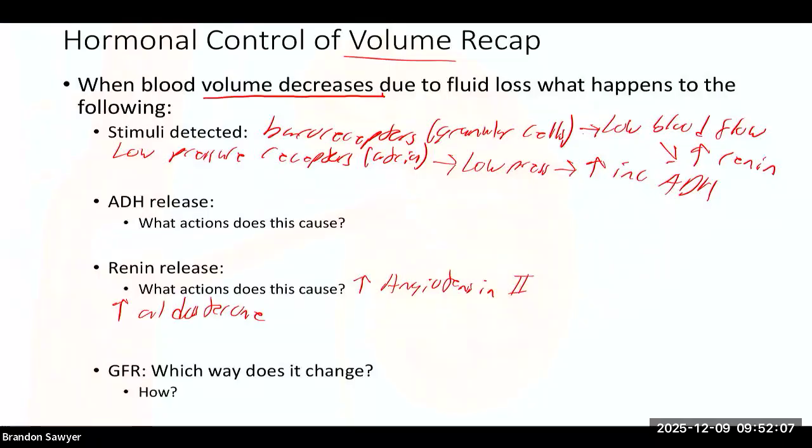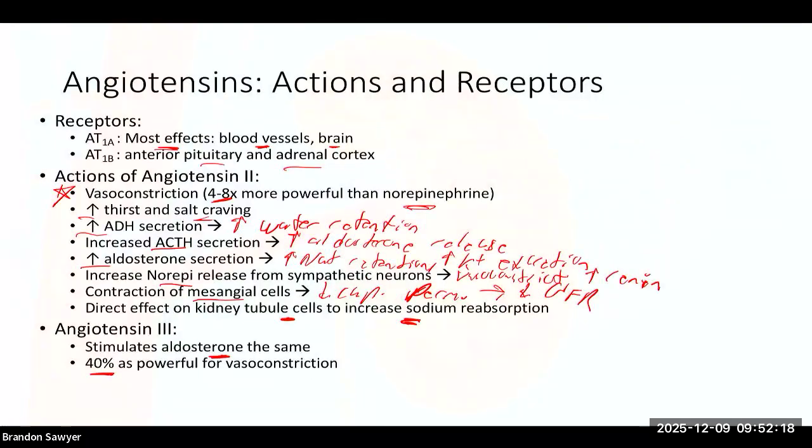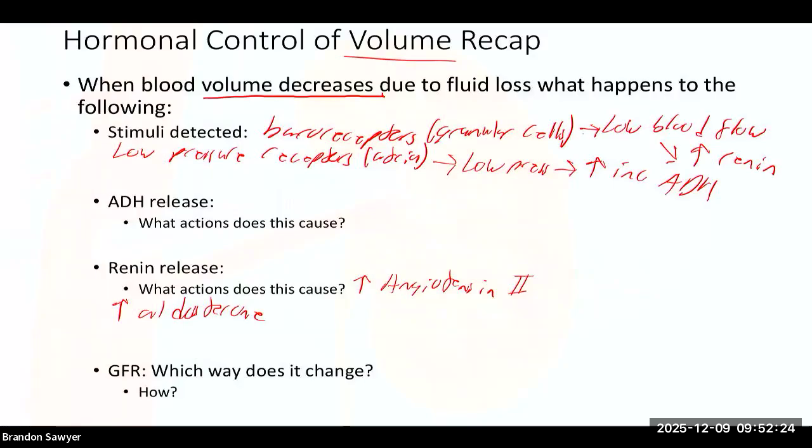So what should I actually write there? I'm not sure. But you could really just write all of those things that we have on the actions of angiotensin 2, which is this slide. But to summarize it, we'll just say increase in sodium reabsorption.